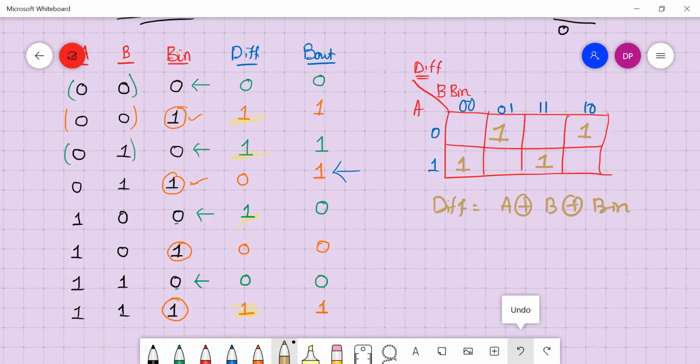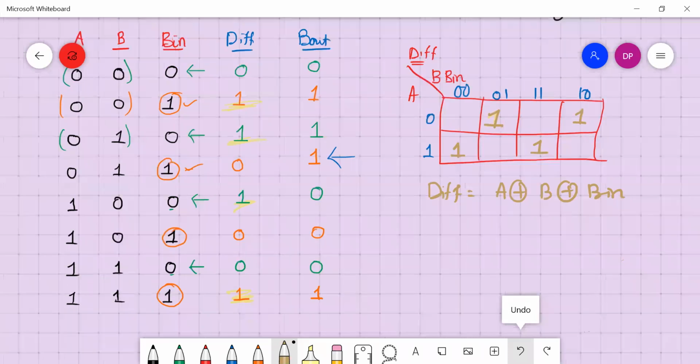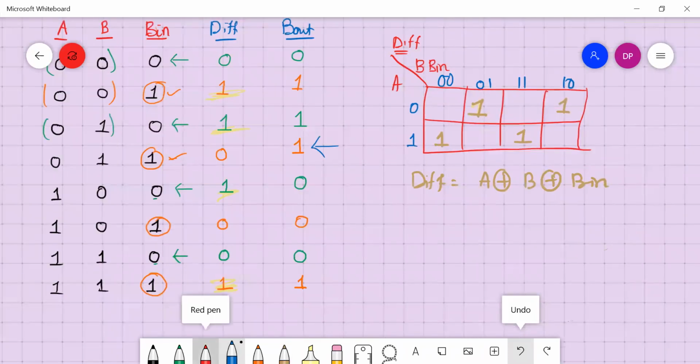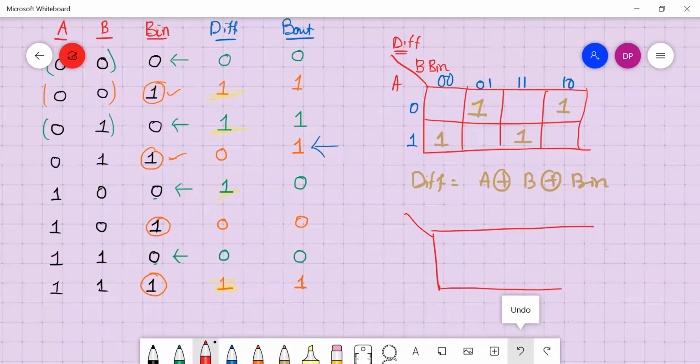And let's make another truth table for the borrow. So this is A, B, B in.